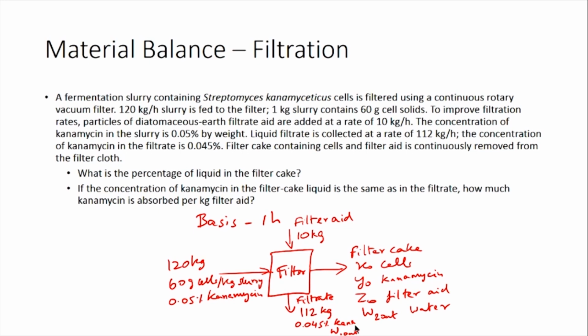So, the second part of the question actually asks for the amount of kanamycin which could have been absorbed by the filter aid, indicating that the filter aid that has been used actually absorbs some of the kanamycin, which has resulted in this decreased concentration. But we also know that in a filtration, the concentration of kanamycin or the dissolved component would be the same in the filtrate and the liquid accompanying the filter cake. So, knowing all this information, let us go about solving this problem.